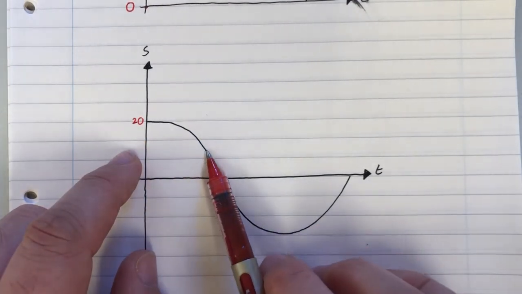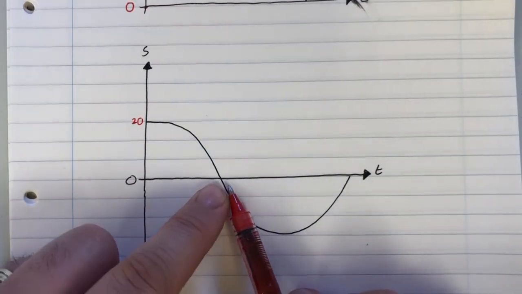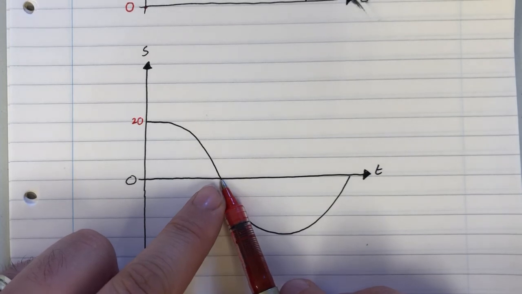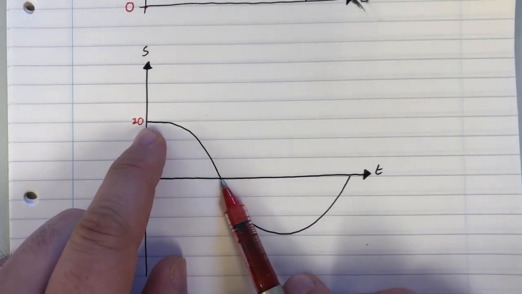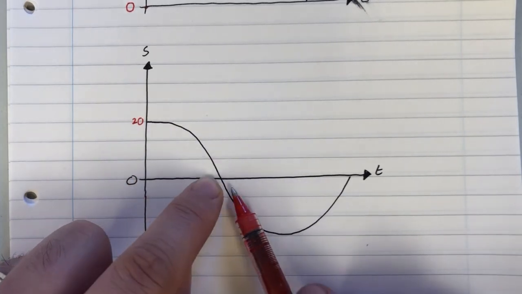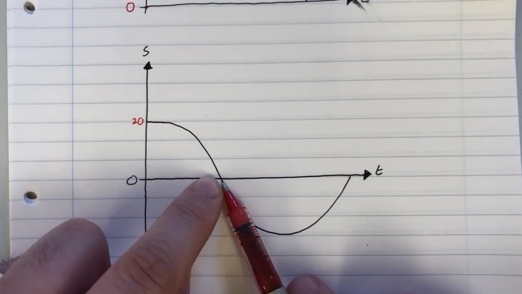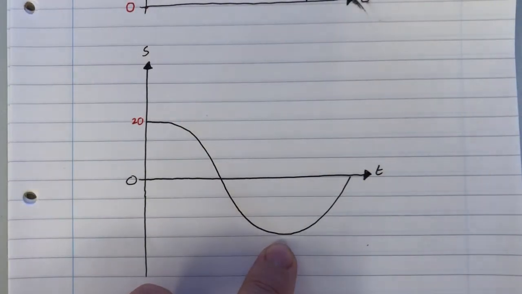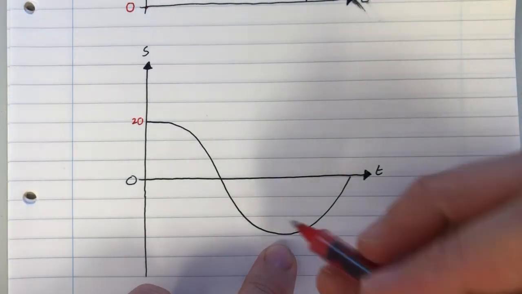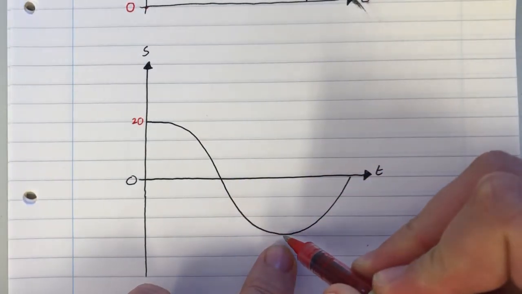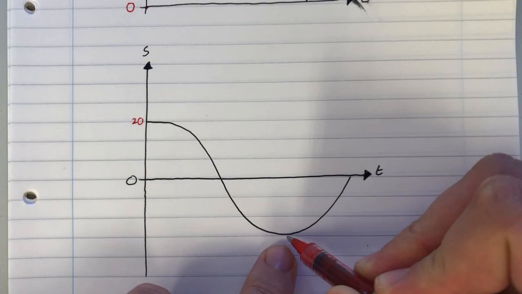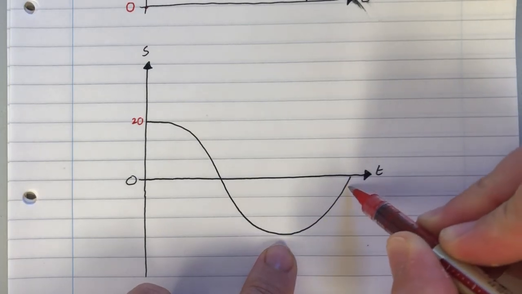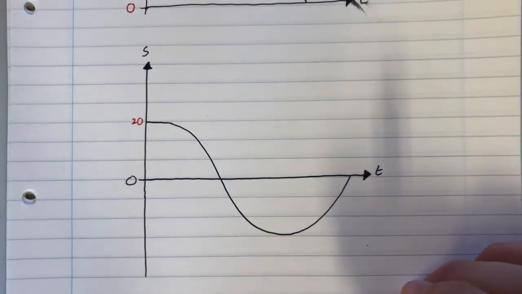At some point in time, it arrives at the origin, and then it carries on, so its displacement has gone negative. That is perfectly allowed in mechanics. Displacement can go negative until it gets to a point where it's gone far enough, and then it comes back round and arrives back at the point where it started.